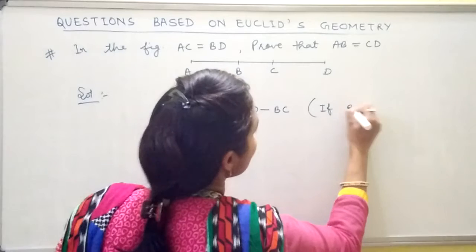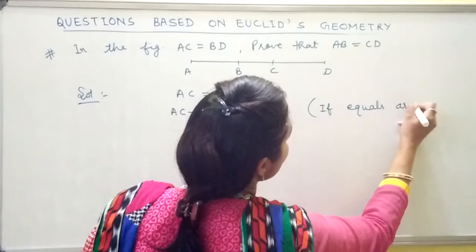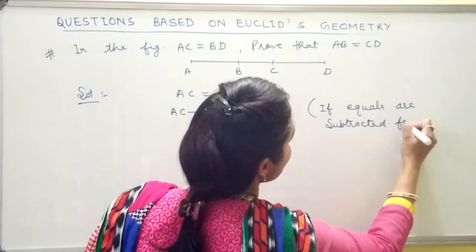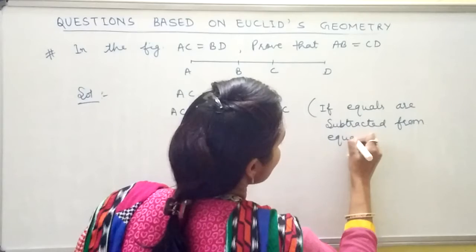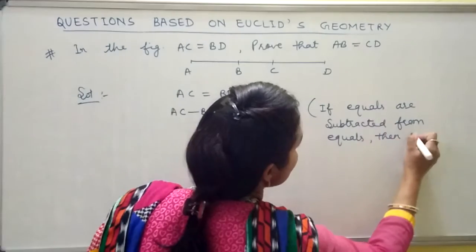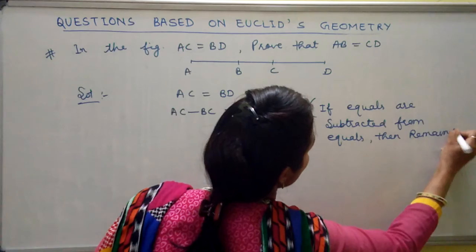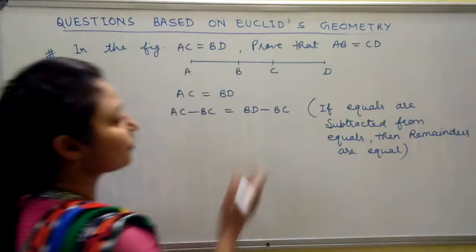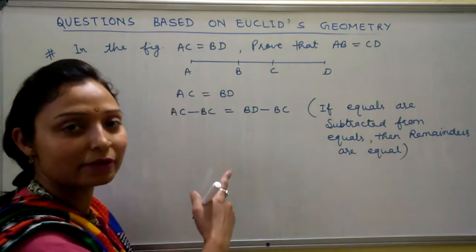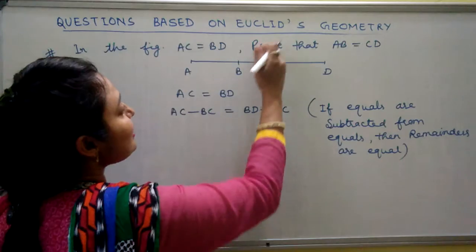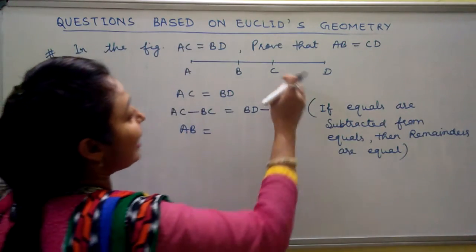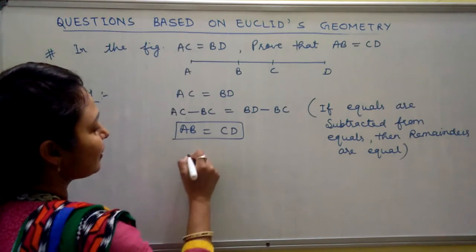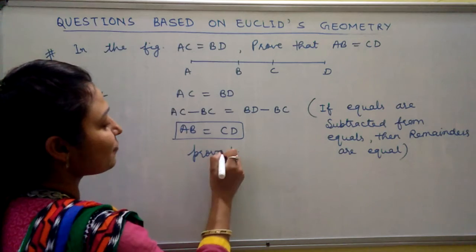If equals are subtracted from equals, then the remainders are equal. So AC minus BC is AB, and BD minus BC is CD, which is what we had to prove. This is proved. Very easy question.